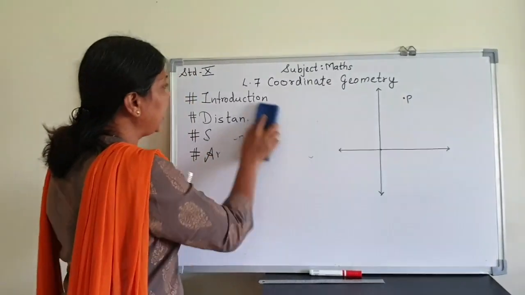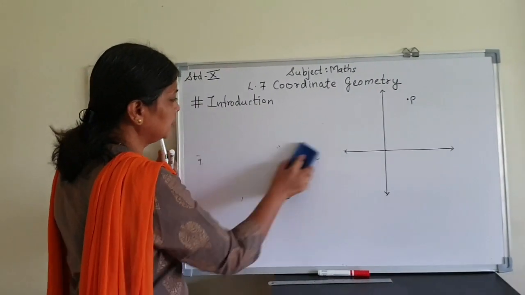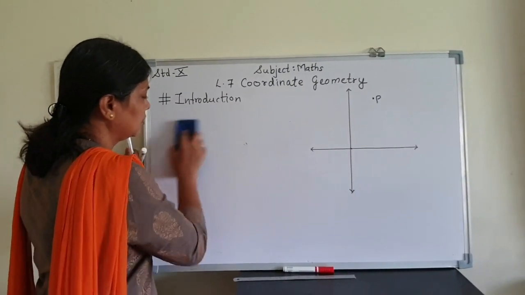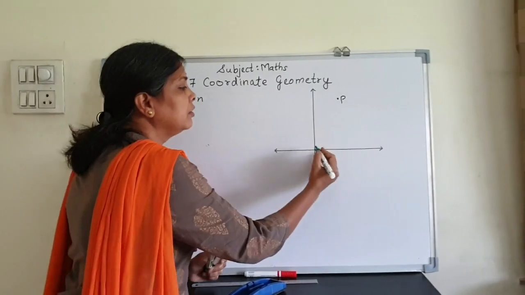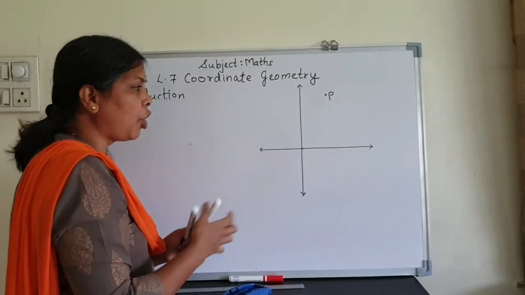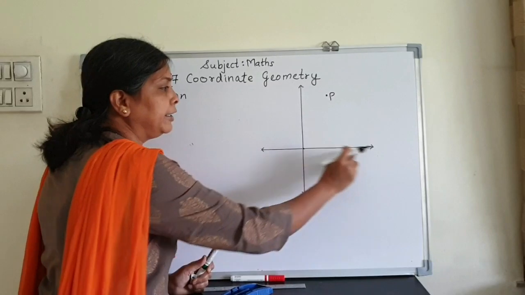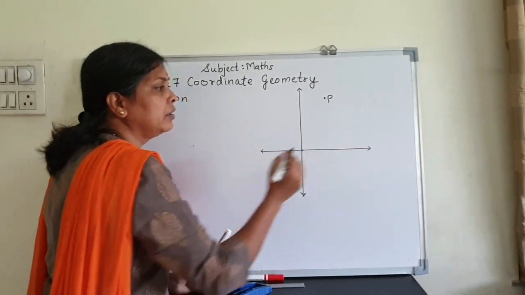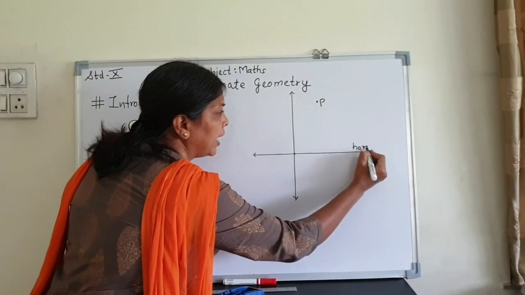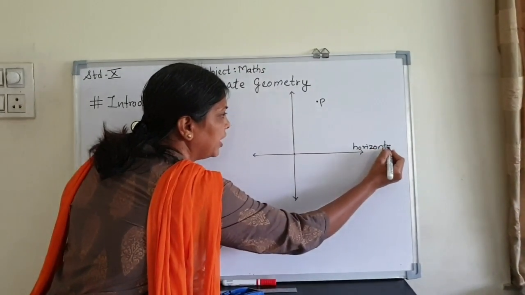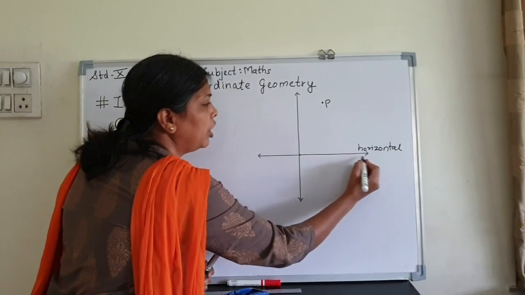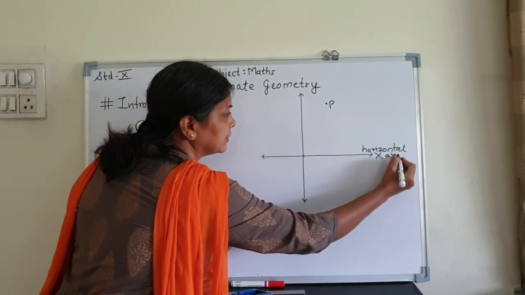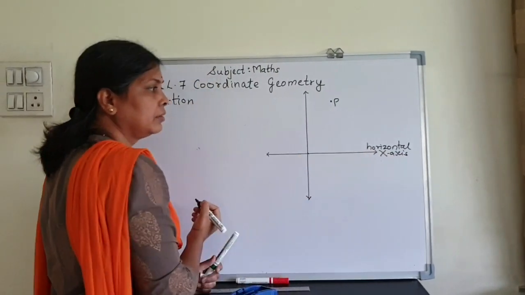Now I have told you that this is the fixed point. You have drawn perpendicular lines intersecting through this fixed point. Now this horizontal line, you have studied what it is called, that is called x-axis, right?